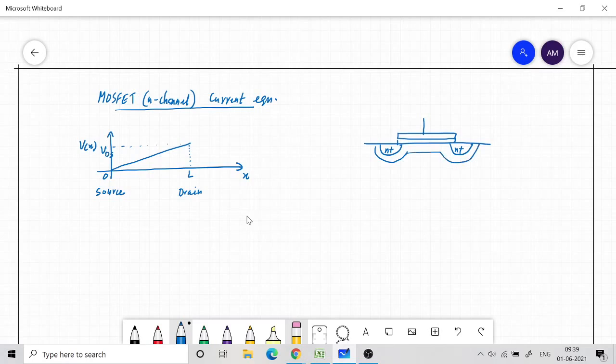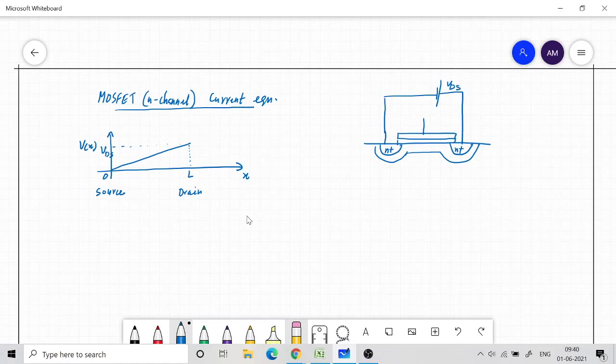This is the way the depletion region will be for low gate voltage. But then as you increase the gate voltage, I have not supplied any VDS, so if I supply VDS also, this is my VDS.